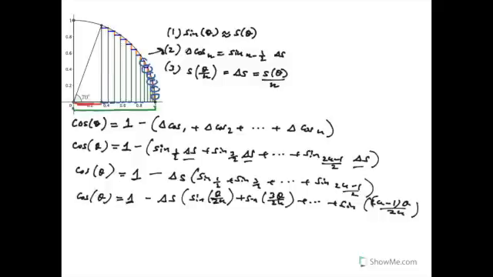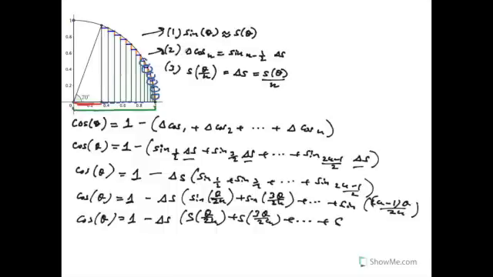Now, all of these sine expressions, using this first formula, can be replaced with s of theta over 2n plus s of 3 theta over 2n plus s, that's the arc length, and now I can do a little bit of manipulating this stuff.